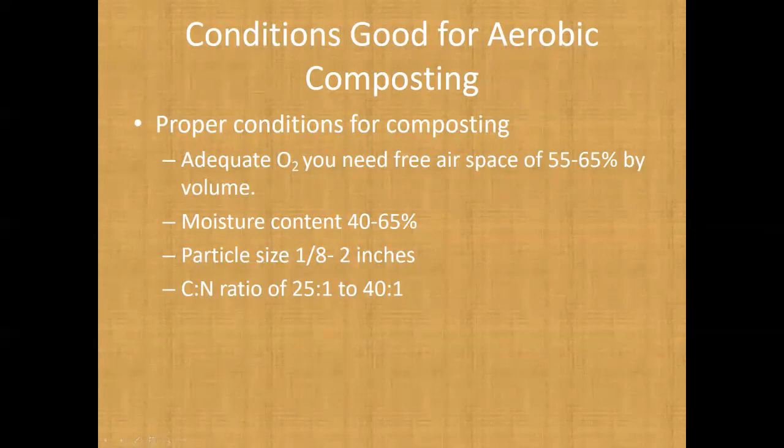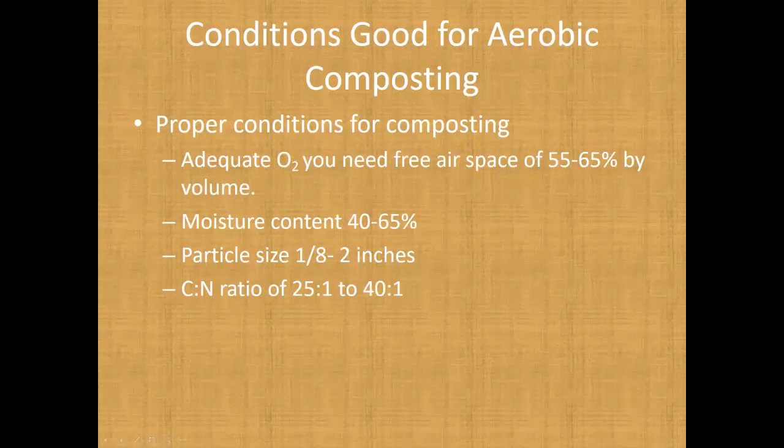And let's talk about some ideal conditions for aerobic composting here. So for the proper conditions for composting, we need adequate oxygen infiltration in airspace, so between 50 to 65% by volume. We also need pretty high water content, because the microbes that we're trying to promote in our compost live in a film of water on the surfaces of this organic matter. So this is where their environment is.